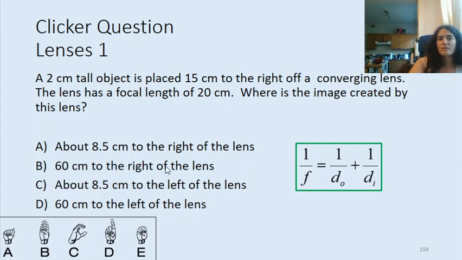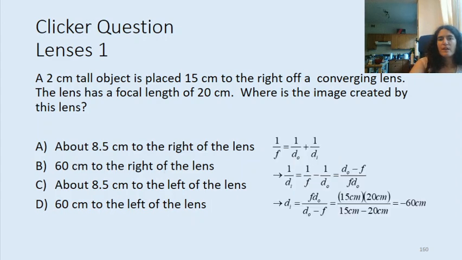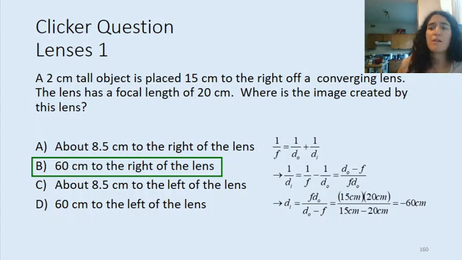So I think my answer is B. Yeah, so I solve this equation for DI, I get minus 60, and so that means the answer is B. So if your answer had been positive 60, you could say that the answer was D. Okay.